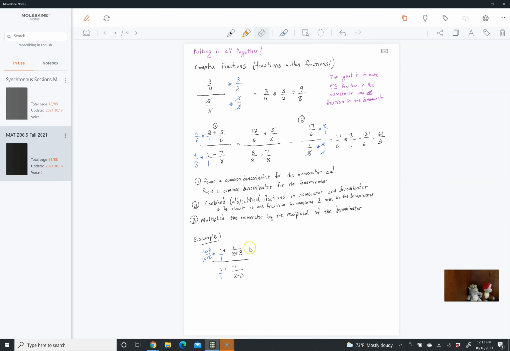Now, when we go to the second fraction, we say, what does the other one have that this one doesn't? The other denominator is just 1. So we're not multiplying by 1 over 1. That doesn't do anything. So now we do the bottom. What does the other denominator have that this one doesn't? An x minus 3.